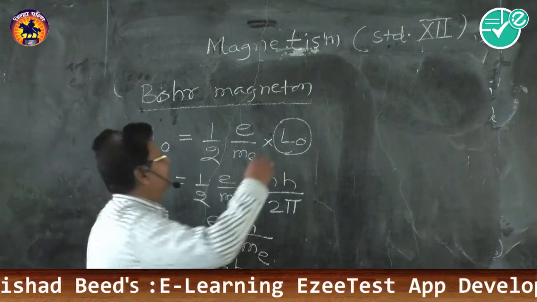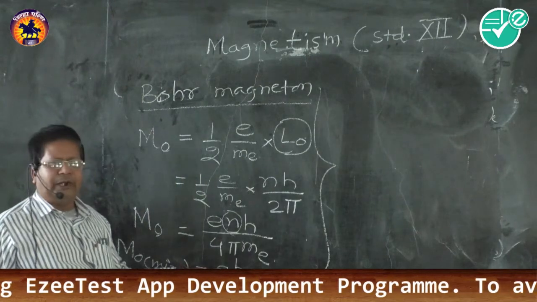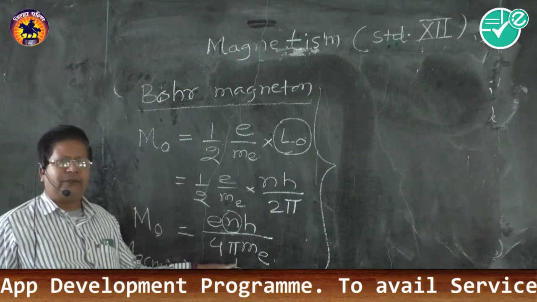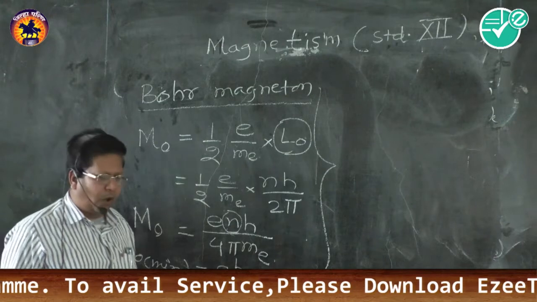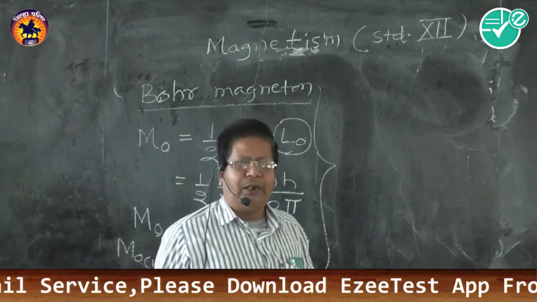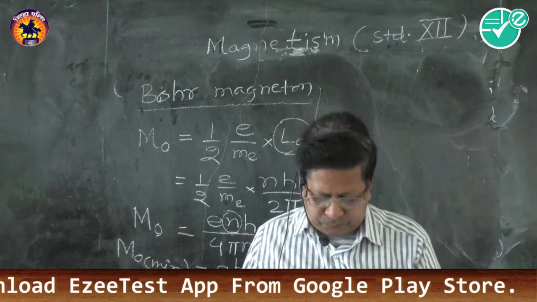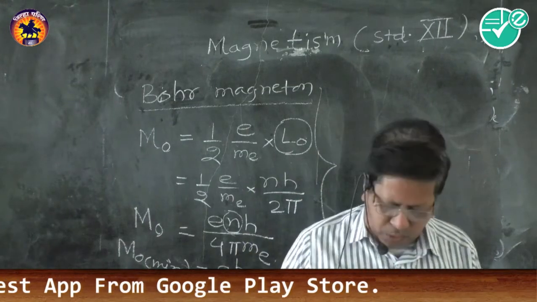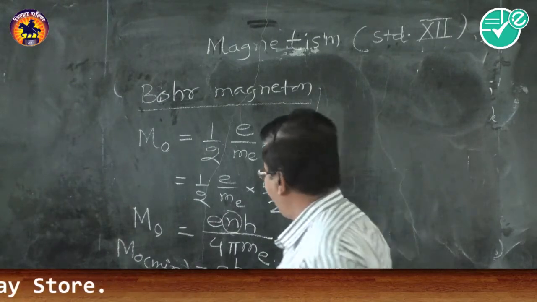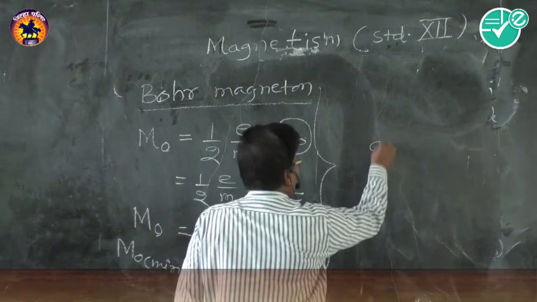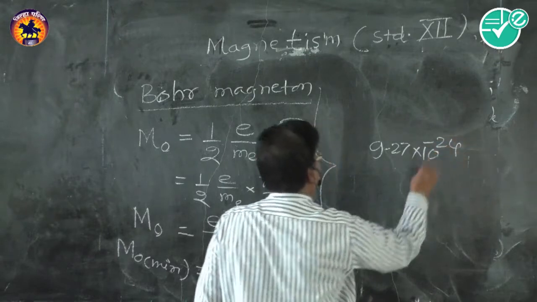Now, if we substitute the values of charge on electron, h, which is the Planck's constant, pi and mass of the electron, then the value of this Bohr magneton comes out to be 9.27 into 10 to the power minus 24.